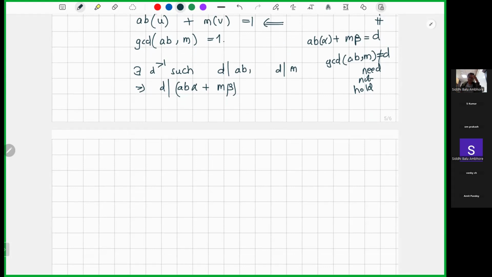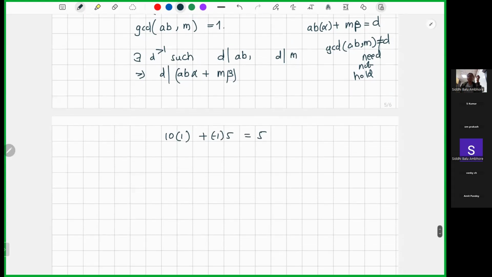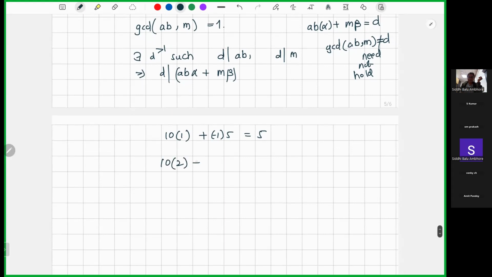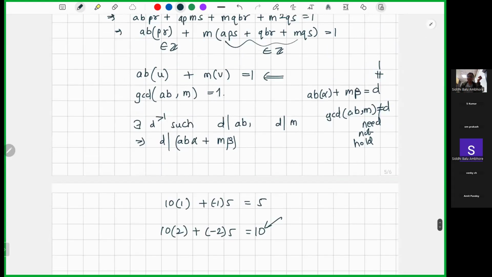Suppose I take the GCD of 5 and 10, which is 5. So 10 into 1 plus minus 1 into 5 is 5. But I can just multiply this with 2, and I get 10 here. But this 10 is not the GCD of 5 and 10. But since it is 1, we can say that the GCD will be 1.